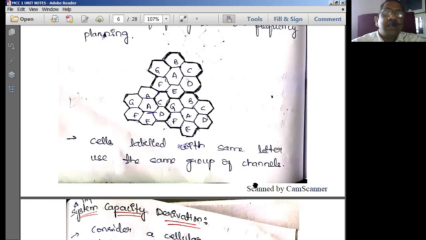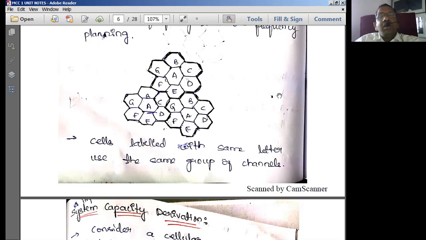Now imagine we take some cell sites, say starting from A and going up to G: A, B, C, D, E, F, G. All these are the various cells we consider in our communications. Every cell, say A is one cell, B is another cell, C is another cell, like D, E, F, they are the various cells used in GSM or 2G technology.